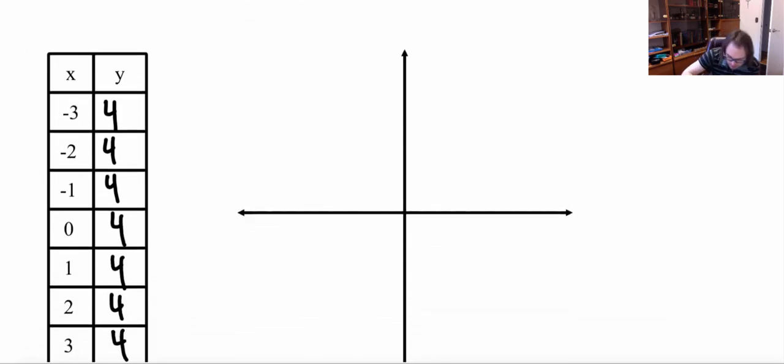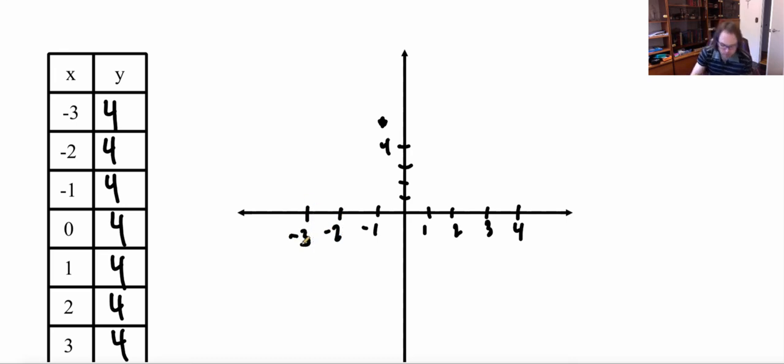So let's find my 4 for my y. 1, 2, 3, 4. So this here is going to be 4, and that's going to be my y value. And my x values, it doesn't matter what it is, I could have a 1 here, 2, 3, 4, and I'm going to put here a negative 1, negative 2, negative 3.